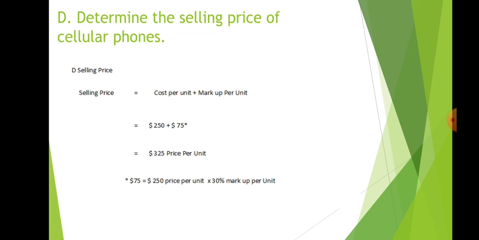It's the $250 price per unit multiplied by the 30% markup. So the selling price per unit would be $325. And that ends the first exercise.